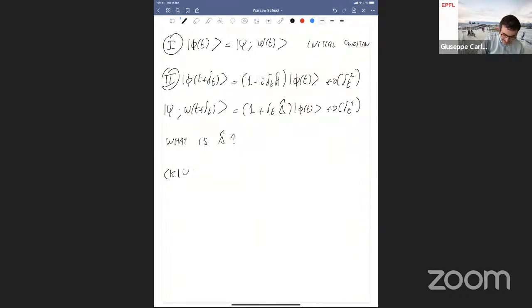If you do that, just linearizing again at first order in time, you will have the initial state, at time t, so this is psi of w of t, plus delta t times the sum over the parameters of the derivative with respect to each of the parameters of the amplitude.